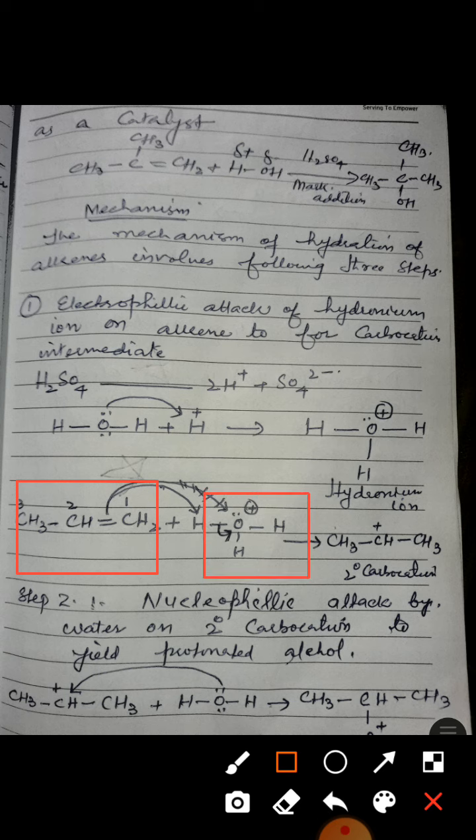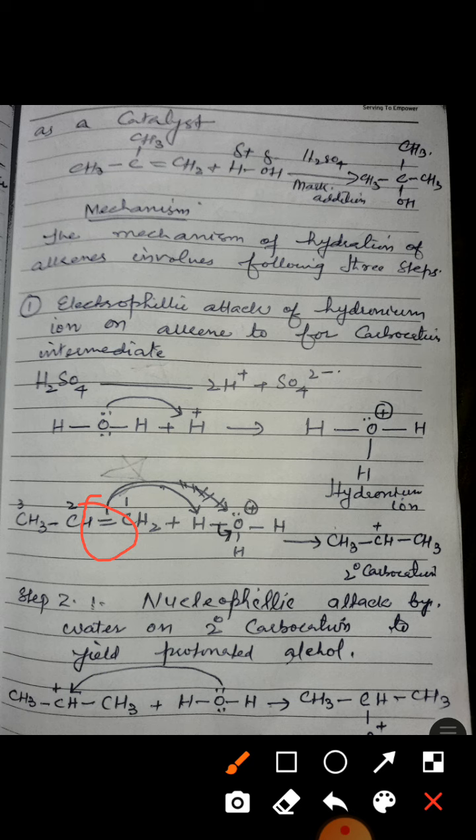What happens here is that the loosely bound pi electrons in this carbon-carbon double bond form a coordinate bond with the hydrogen of the hydronium ion. For example, this here is the loosely bound pi electrons. They form a coordinate bond with this hydrogen.